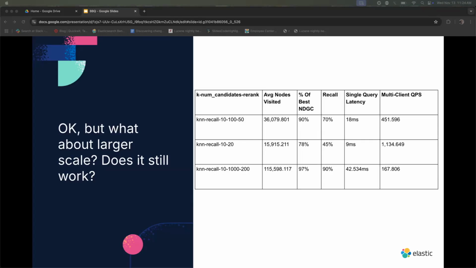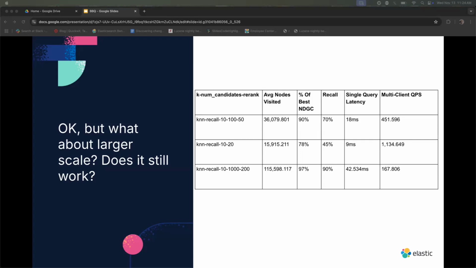I forgot to say, this is on one node. So this is 134 million documents on a single node, and these QPS numbers are all just a single node. Here you get about 9 milliseconds single query latency, and about 1K QPS.